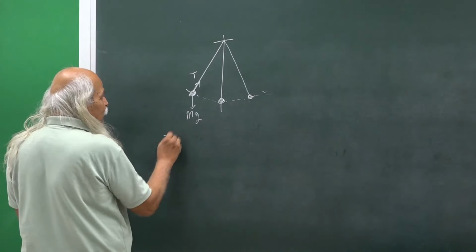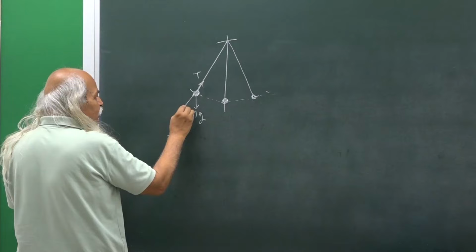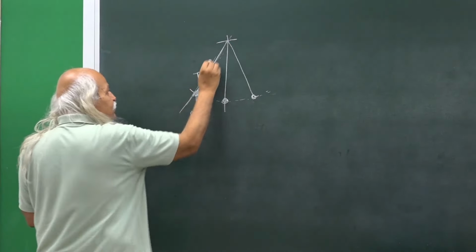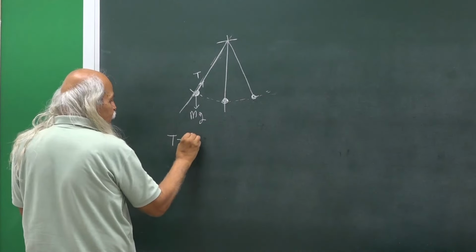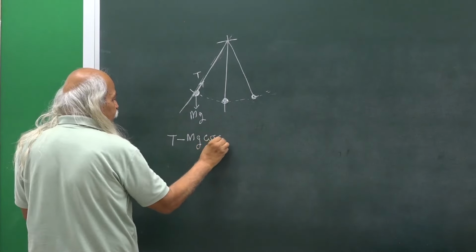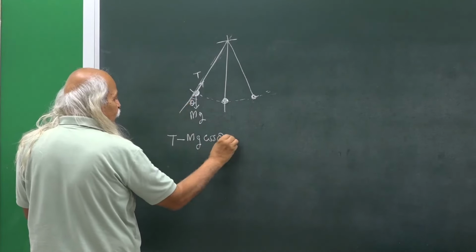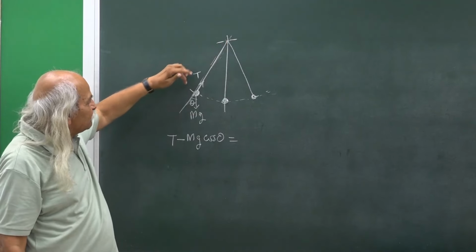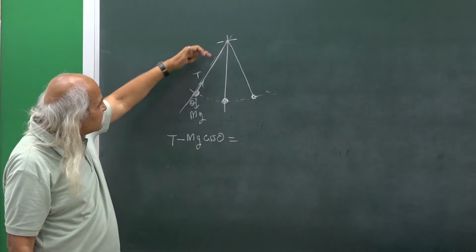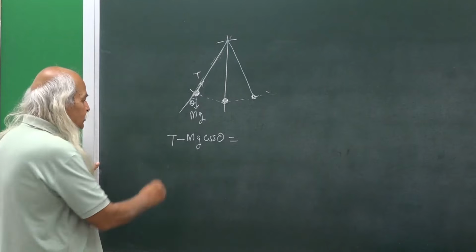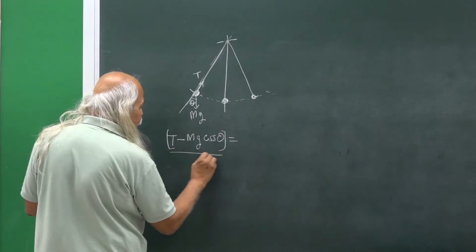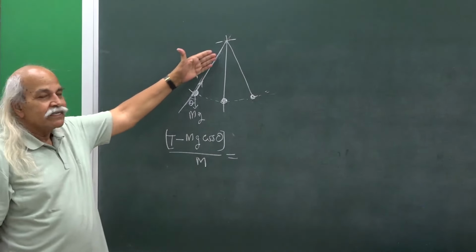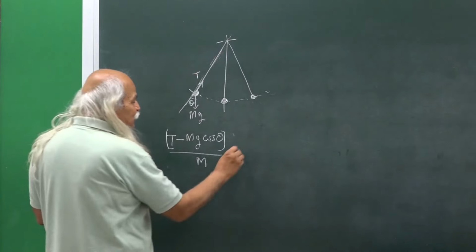Tension is in this direction, and the component of mg in the radial direction towards the center will be minus mg cos theta, where this angle is theta. This is the net force towards the center, and therefore the acceleration towards the center will be this divided by mass, and this should be equal to v square by r.